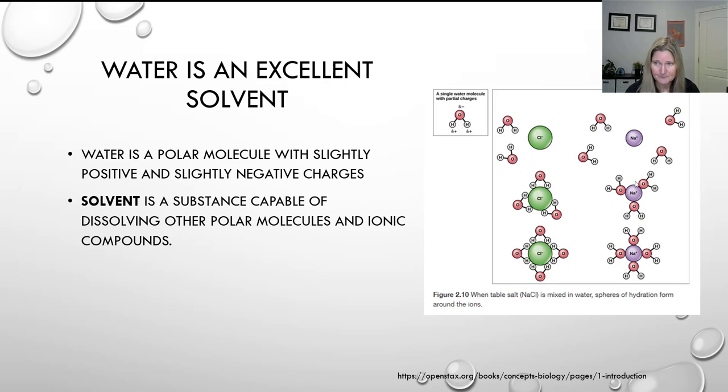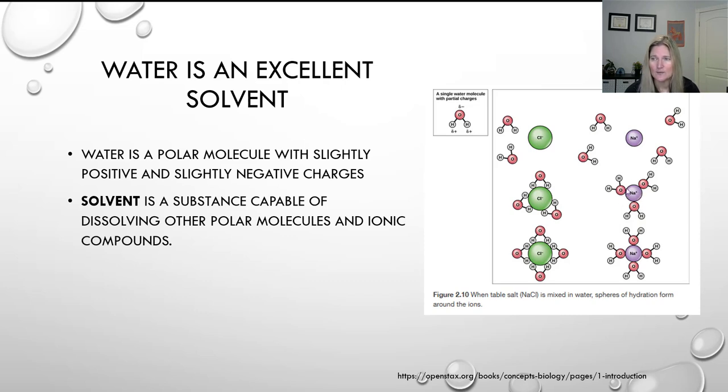Same thing over here with the sodium. We have our sodium ion, so it's positively charged. The partially negative ends of our water molecules will be attracted to that. So we have this other zone, a hydration zone or zone of hydration, where the water molecules are surrounding the cation.